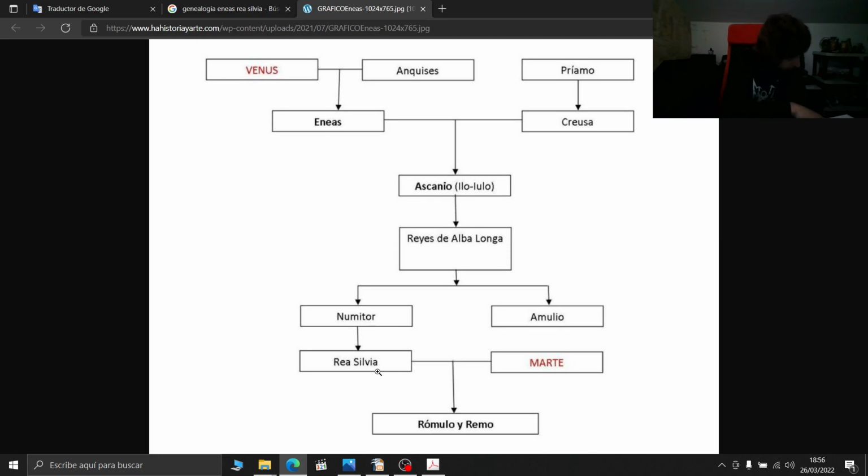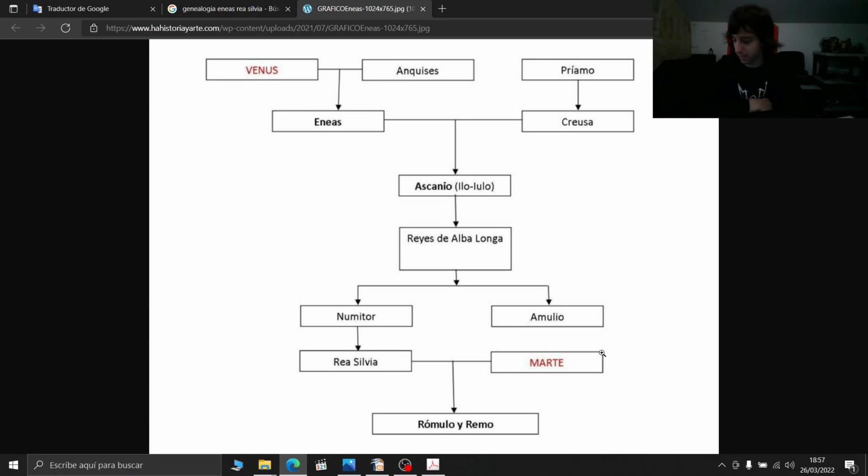Let me remember. Yes, Rhea Silvia must be a virgin, a vestal. But the god Mars, that is Ares in Greek mythology, has relations with Rhea Silvia, and she's pregnant, and the children are Romulus and Remus. So Amulius throws Rhea Silvia and Romulus and Remus into a river.